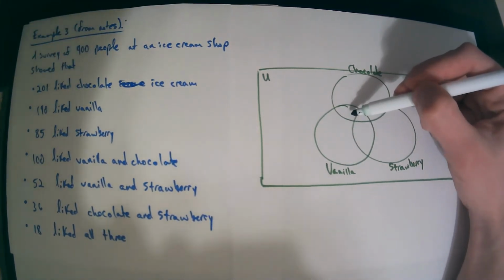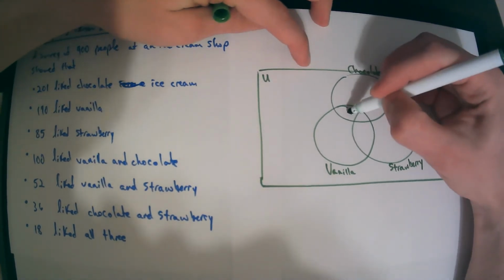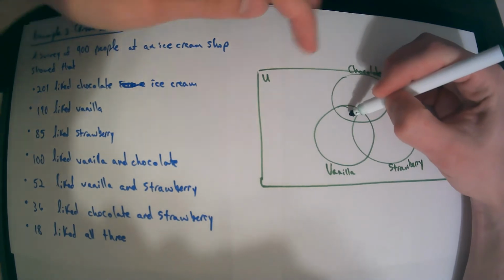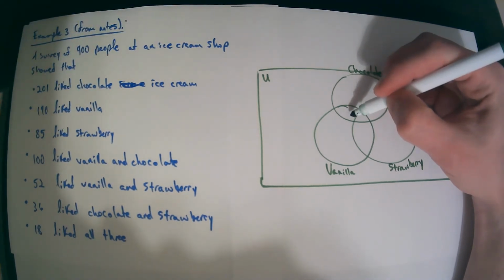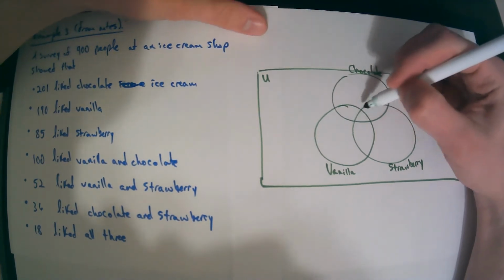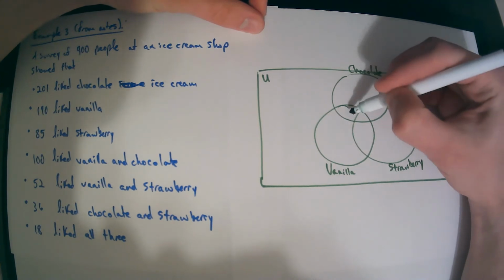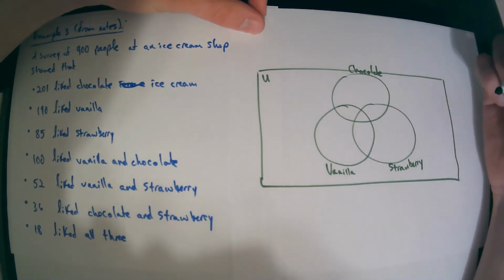So why not write 100 right here? Because this spot in particular is not reserved for the people that like chocolate and vanilla altogether. It's reserved for the people that like chocolate and vanilla but also don't like strawberry. So you see, each of these spots is more distinct than you would think at first, right?